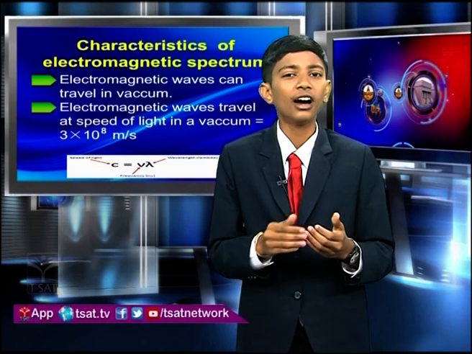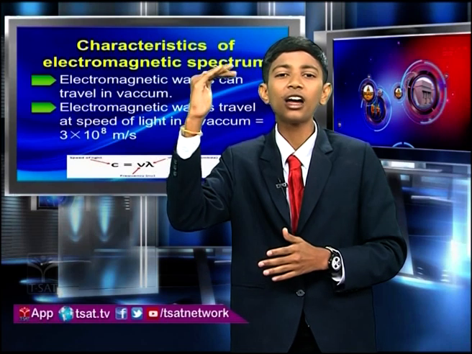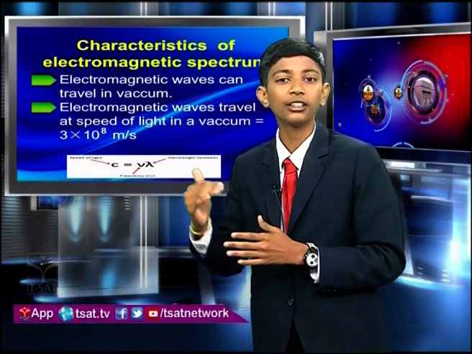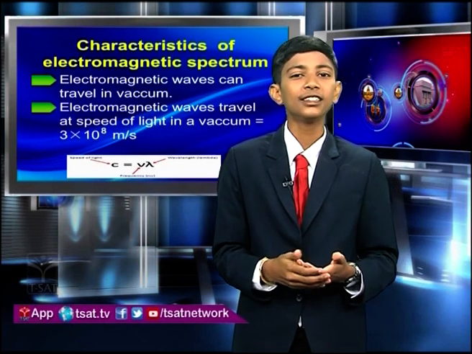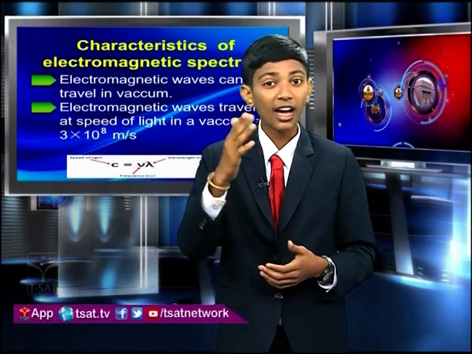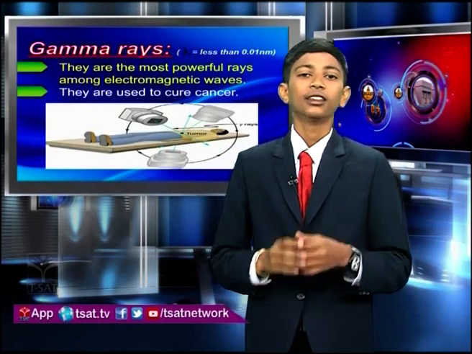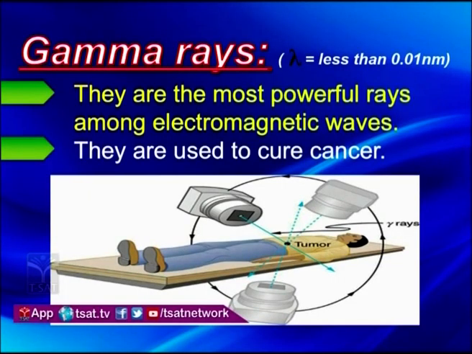Now let's see the specialities and characteristics of all 7 electromagnetic waves in the electromagnetic spectrum. At first, let's see the most powerful electromagnetic waves. They are gamma rays. Gamma rays have very little wavelength but more energy, because wavelength and energy are in inverse proportion.